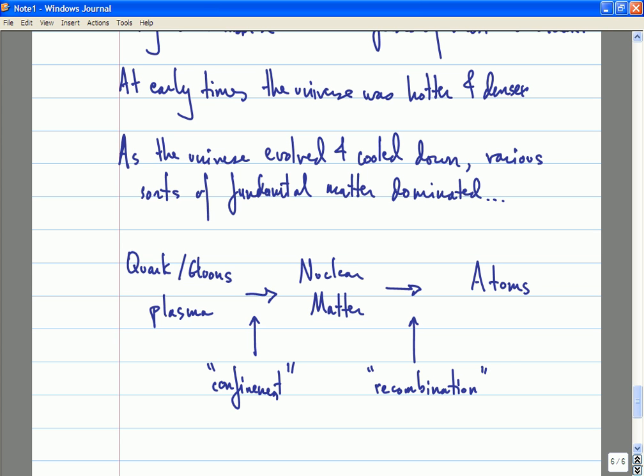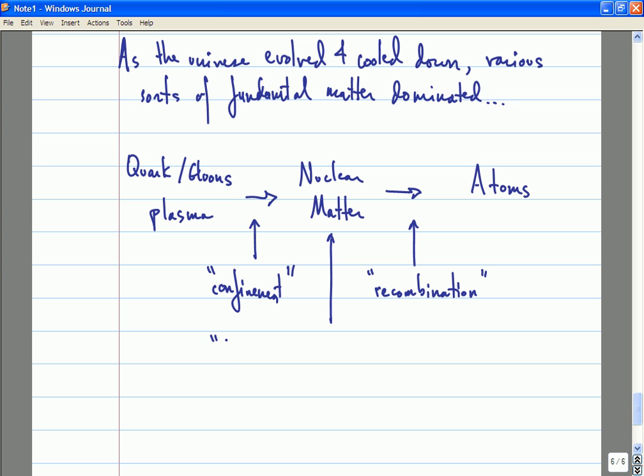And this phase, where the universe was dominated by nuclear matter, is known as the Big Bang phase, or the Big Bang nucleosynthesis phase.